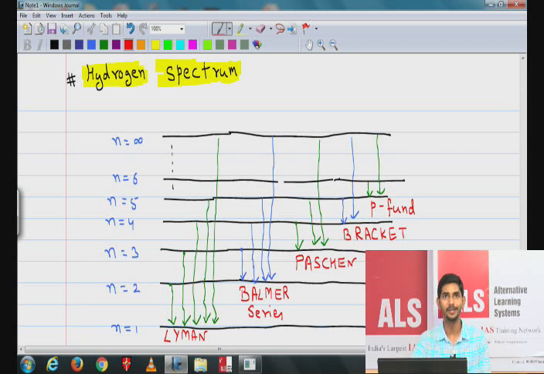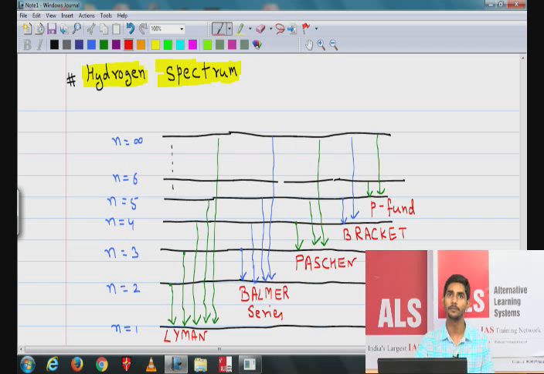If the final destination is n equal to 2, it is a Balmer series. If n equal to 3, it is a Paschen series. If n equal to 4, it is part of the Brackett series. If n equal to 5, it is a Pfund series.